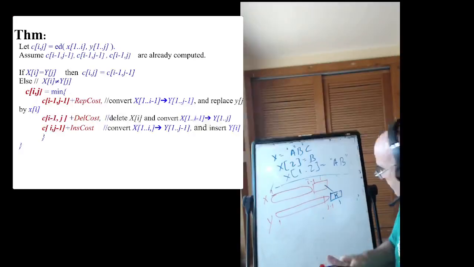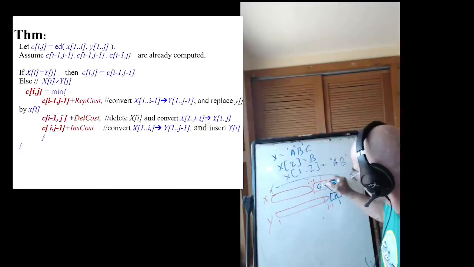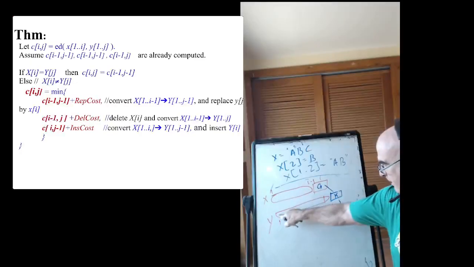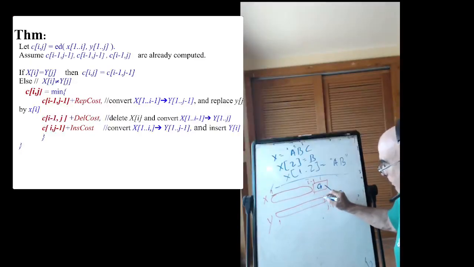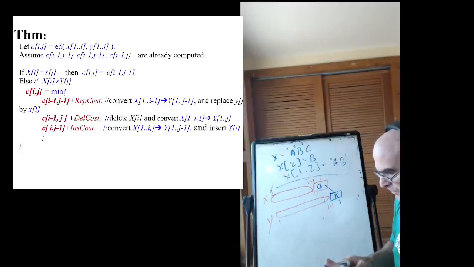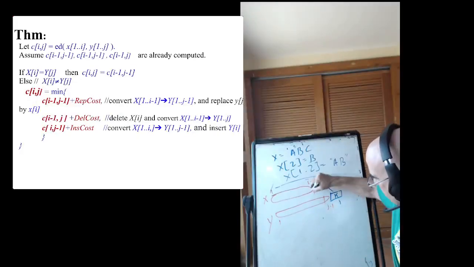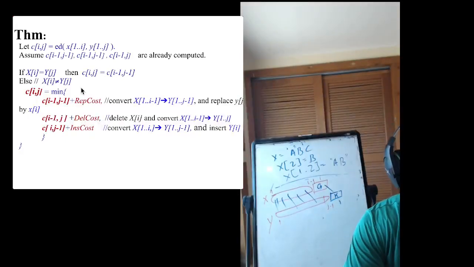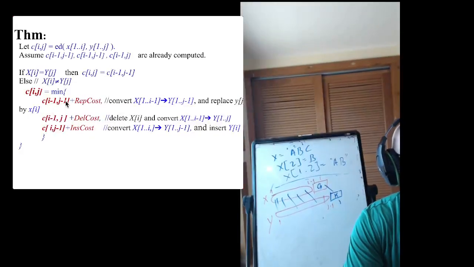Since it's everything in red, the j over here needs to be in blue. Take everything in red and find the optimum matching from the red over here to the red over here, which is denoted by the cost of c of i minus 1, j minus 1.